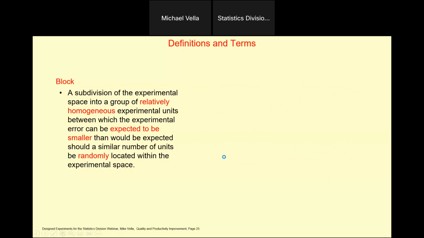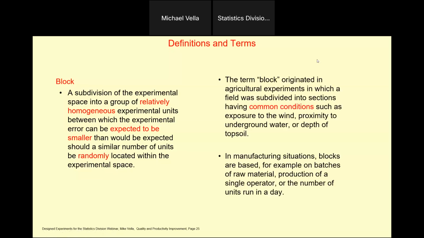A block is a subdivision of the experiment space into a group of relatively homogeneous experimental units, between which the experimental error can be expected to be smaller than would be expected should a similar number of units be randomly located within that space.